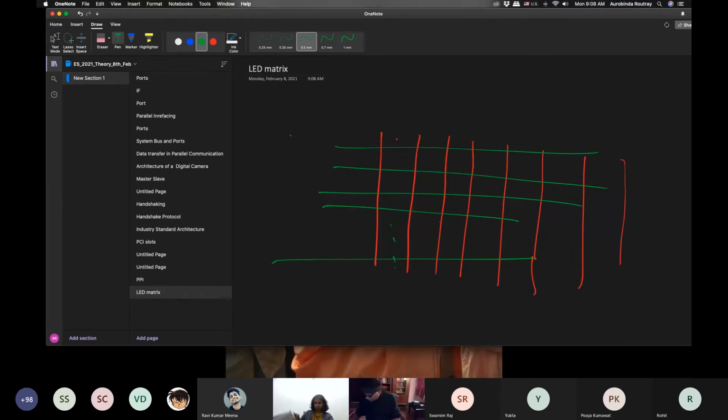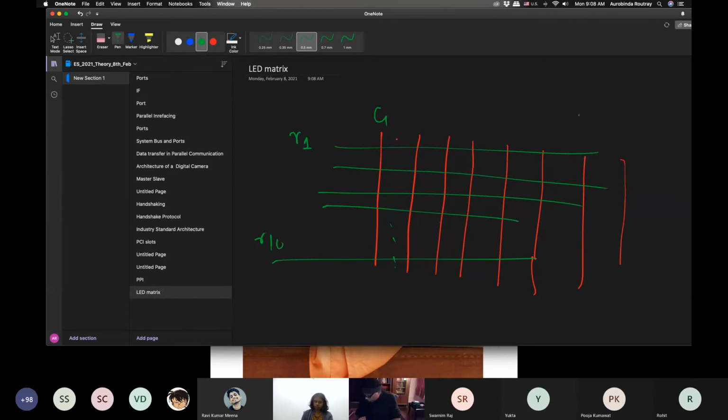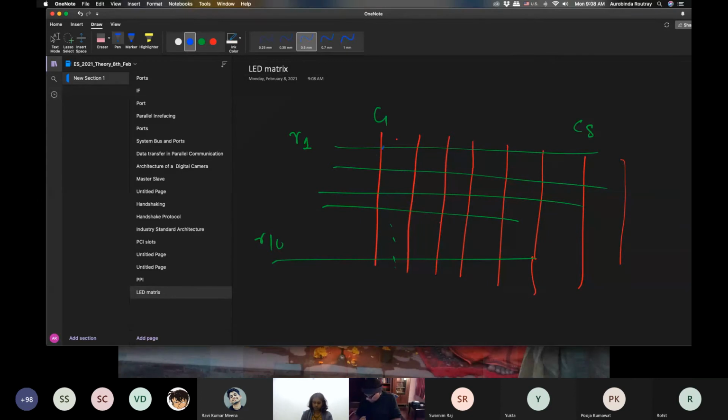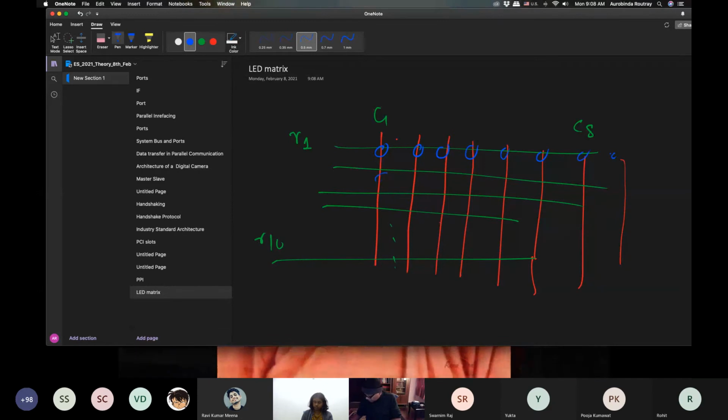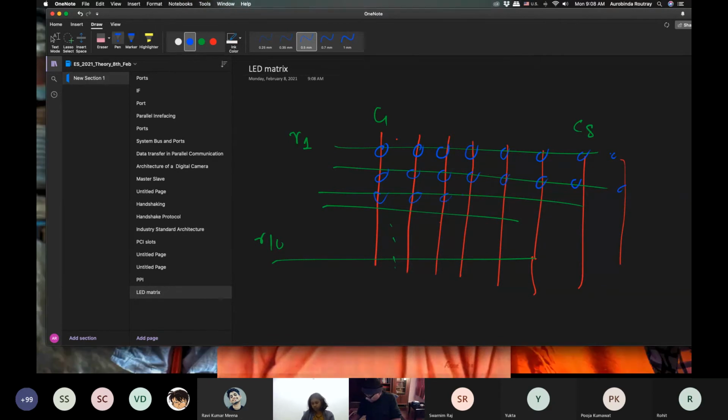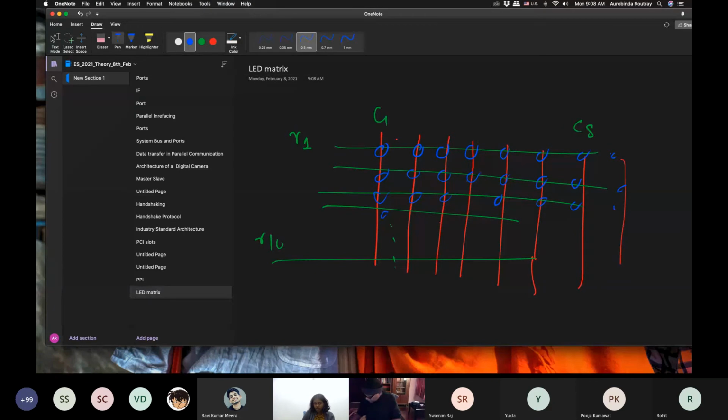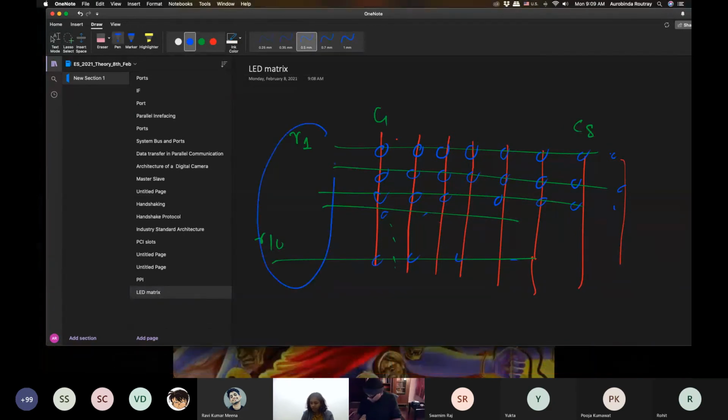So this is row 1 to row 10, and this is column 1 to column 8. Each of them is connected with an LED, so you connect these rows and columns.